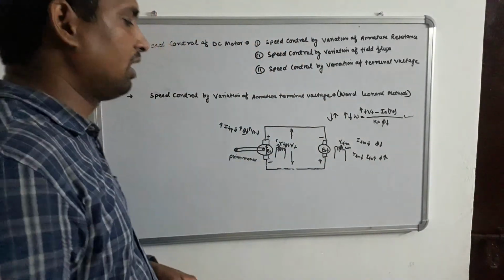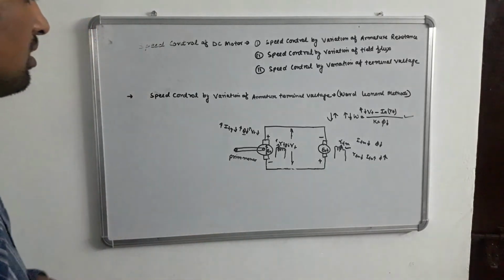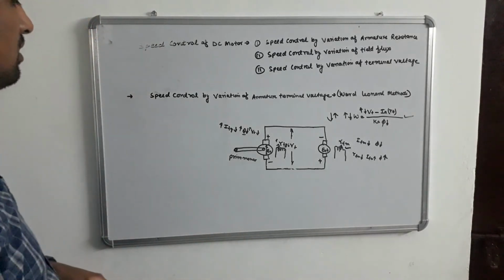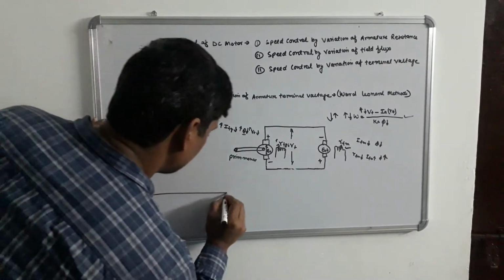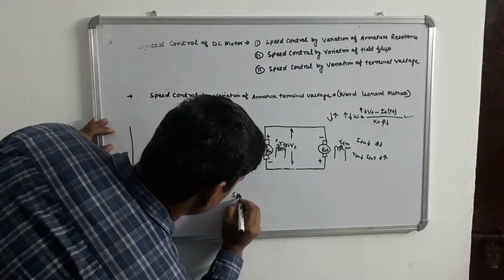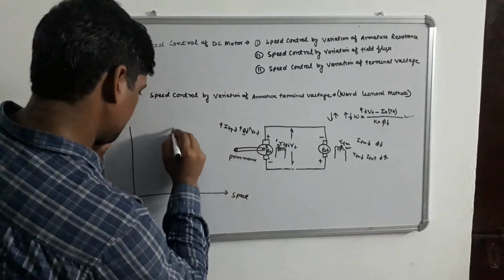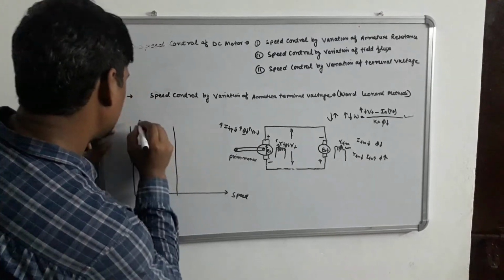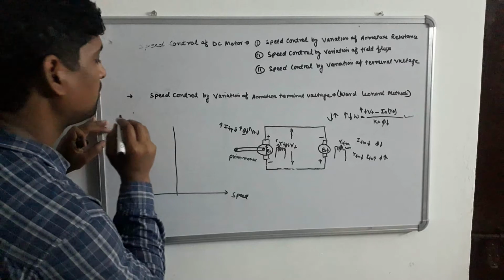We can draw the speed control characteristics diagram. This will be the speed, and this is the armature terminal voltage.